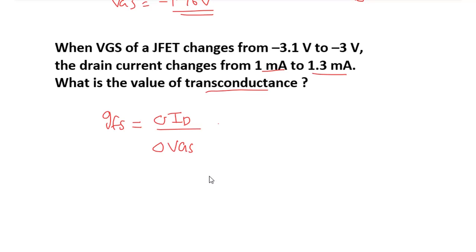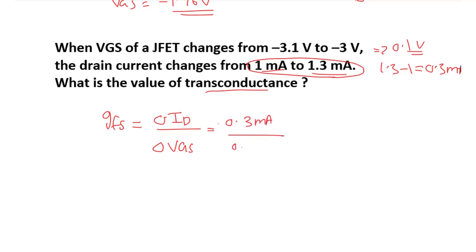The drain current changes from 1 milliampere to 1.3 milliampere, so the change will be 1.3 minus 1, that is 0.3 milliampere, and the VGS change is 0.1 volt. If you substitute those values, 0.3 milliampere by 0.1 volt will be equal to 3 milliampere per volt. So this is the value of GFS.